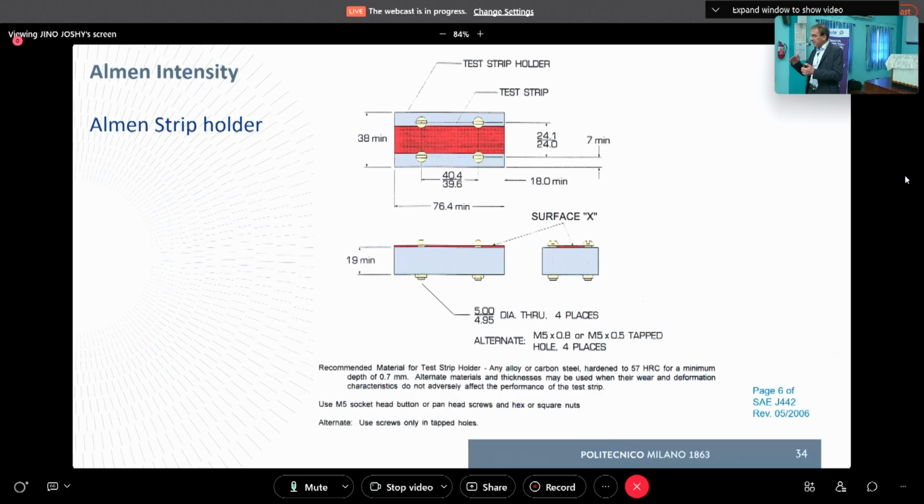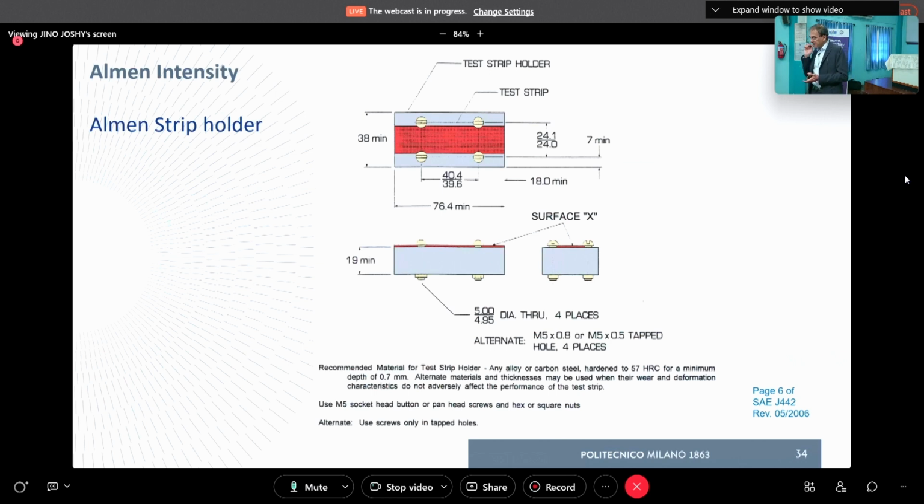It must be well aligned. The surfaces must be well done and parallel to each other. And in the end, also the screw and the holes must be in the right position to avoid any possible influence of inaccuracy of the machining of the hole of the screw on the result.